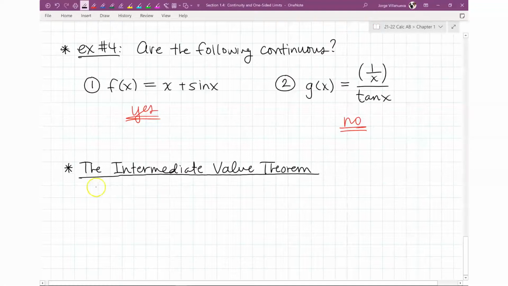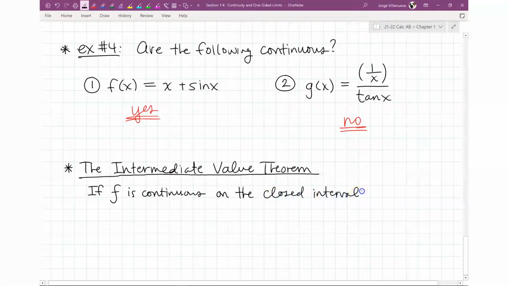So it says if f is continuous on the closed interval a to b, and k is any number. This is all going to sound really weird, but trust me, once we draw it, I think it'll make a lot of sense.